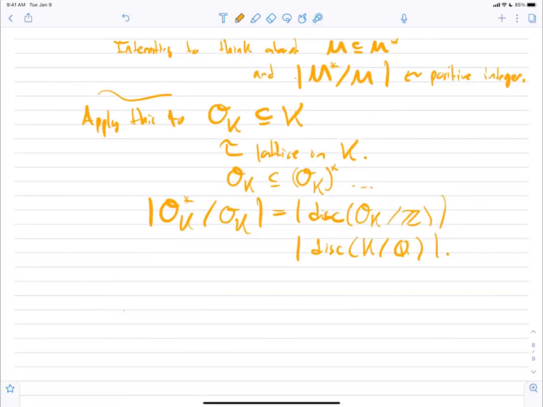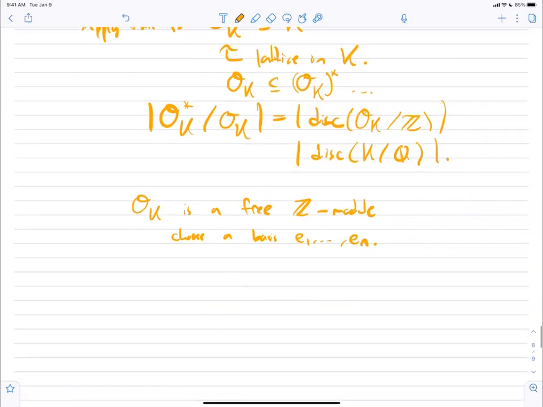Let me say it this way. So OK here is a free Z module. Here I could use any M, but let me do it with OK. Let me choose a basis, E1 through En.